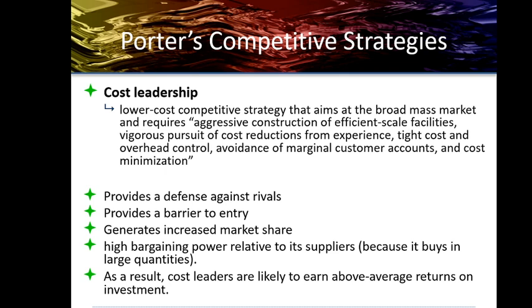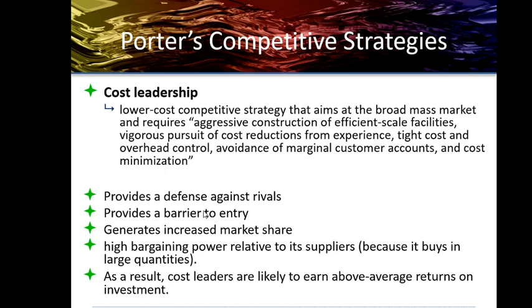Second, it will provide a barrier to entry. When you are massive, when you are using economies of scale and you have massive production, then this will prevent new competitors from entering the industry that you are in as a company.